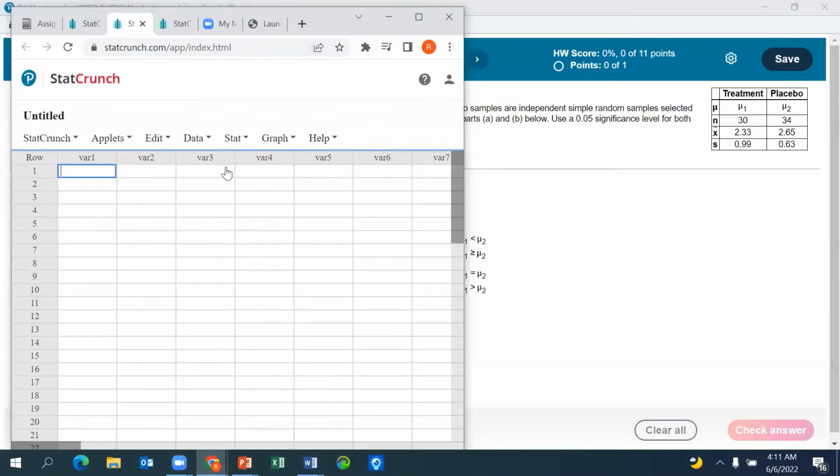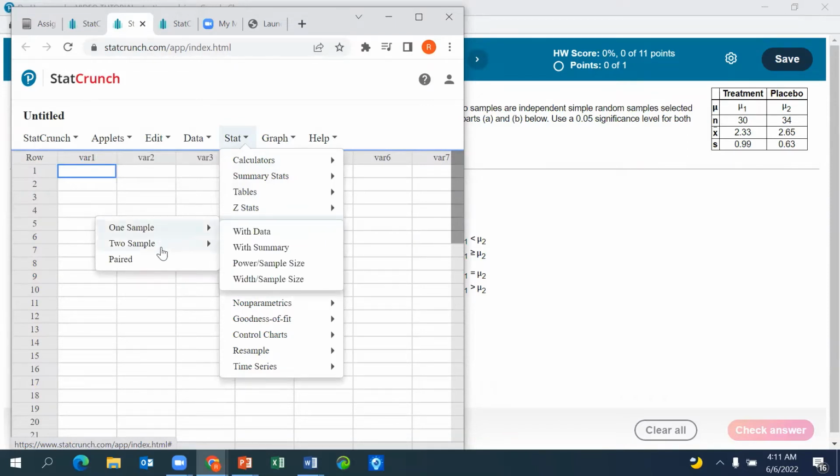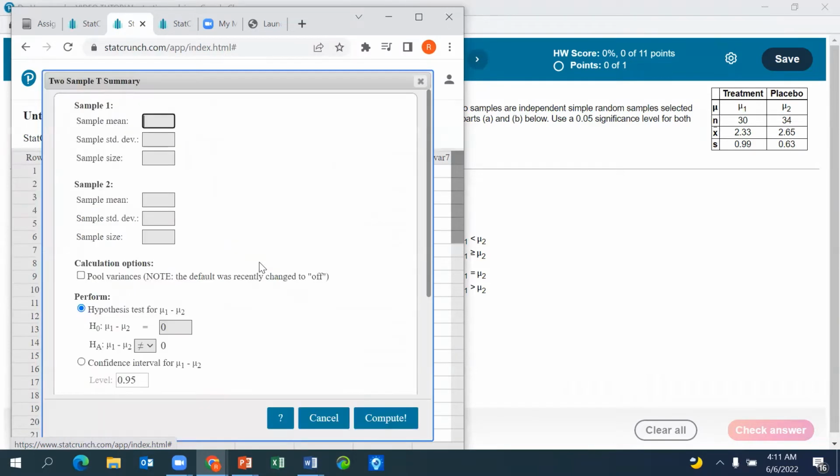Okay, so first you need to go to Stat, and you have a t-test, so select t-test. And here we have to select two samples because now we have two samples. Since I have the summary in our table, let's go ahead and click Summary.